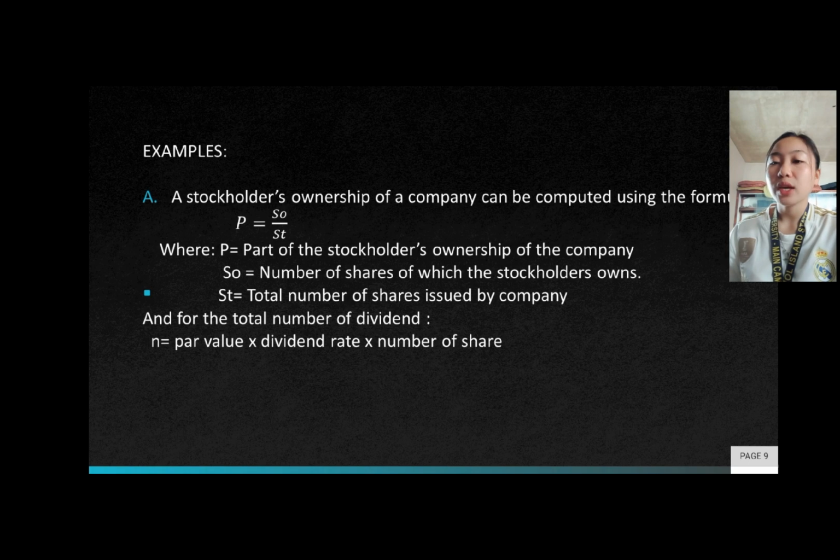The formula is P is equal to S sub O over S sub T, where P is the part of the company owned by the stockholder, S sub O is the number of shares the stockholder owns, and S sub T is the total number of shares issued by the company. And for the total dividend, we use this formula: N is equal to par value multiplied by the dividend rate and multiplied by the number of shares.